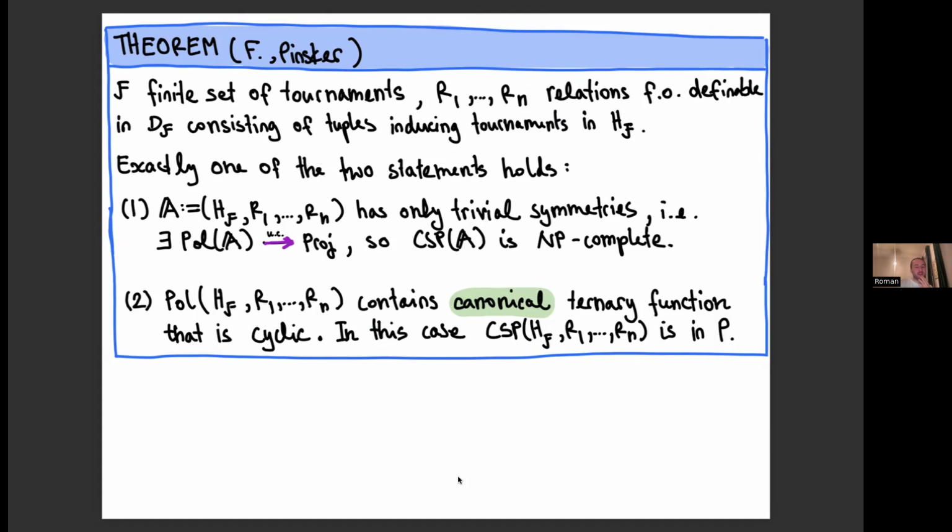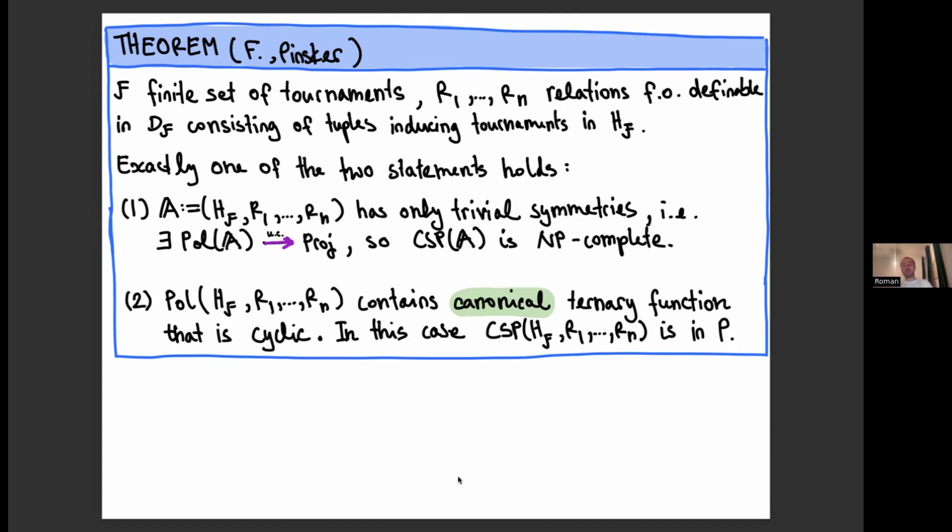And on the other hand, if the polymorphism clone contains what's called a canonical ternary function, I don't have the time to go into details of what this means. But this canonical function sort of helps reduce the infinite CSP to a finite CSP, and the canonical functions will then induce polymorphisms of this finite CSP one reduces to.